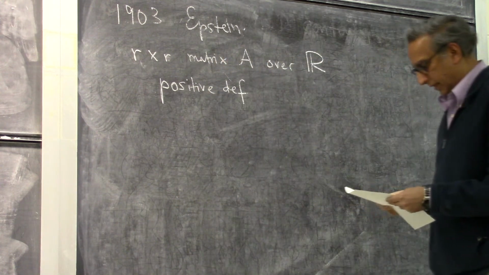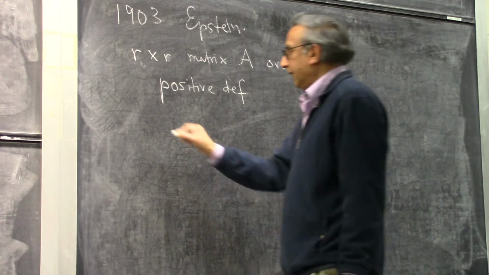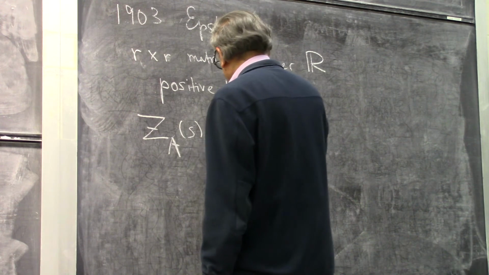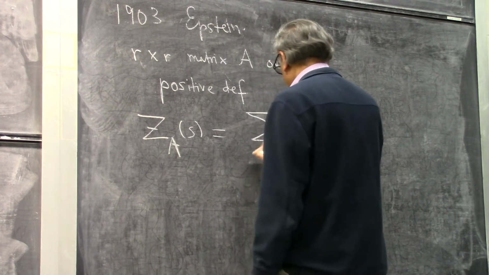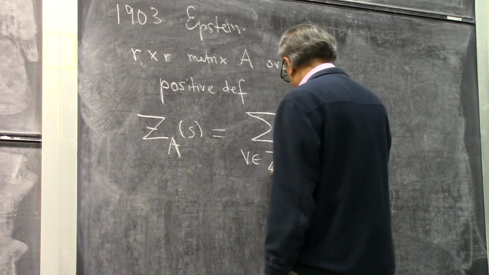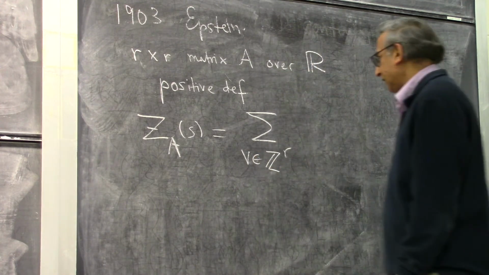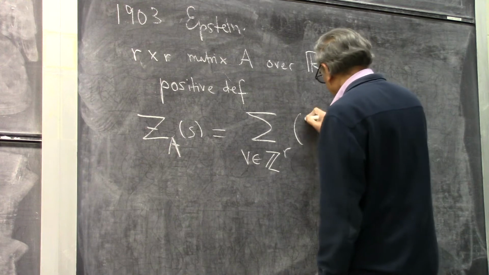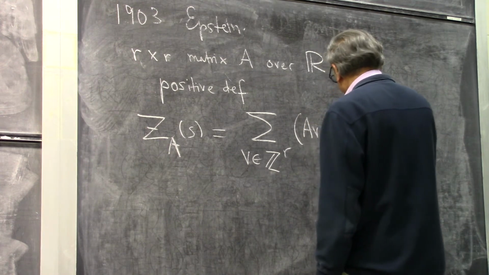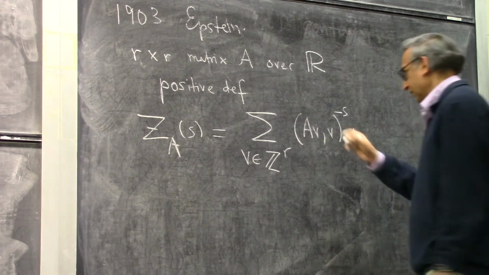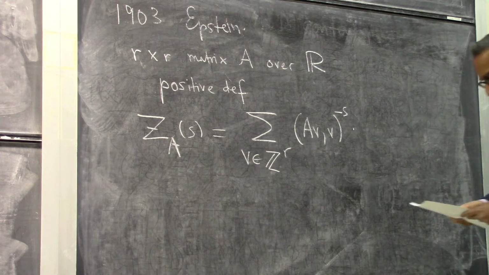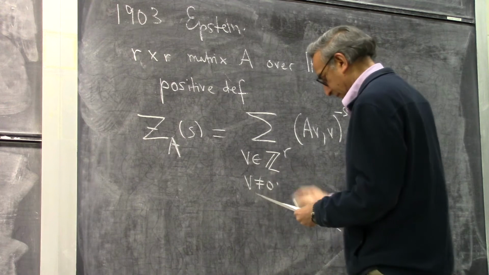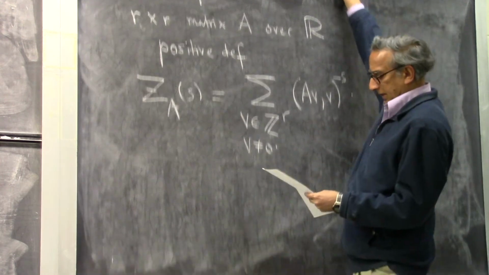And he defined a zeta function, the summation over v, where v is a vector with integer entries, of the inner product (Av, v) to the minus s, which is always positive, therefore there's no problem here. Of course, v should not be 0. This is called the Epstein zeta function.